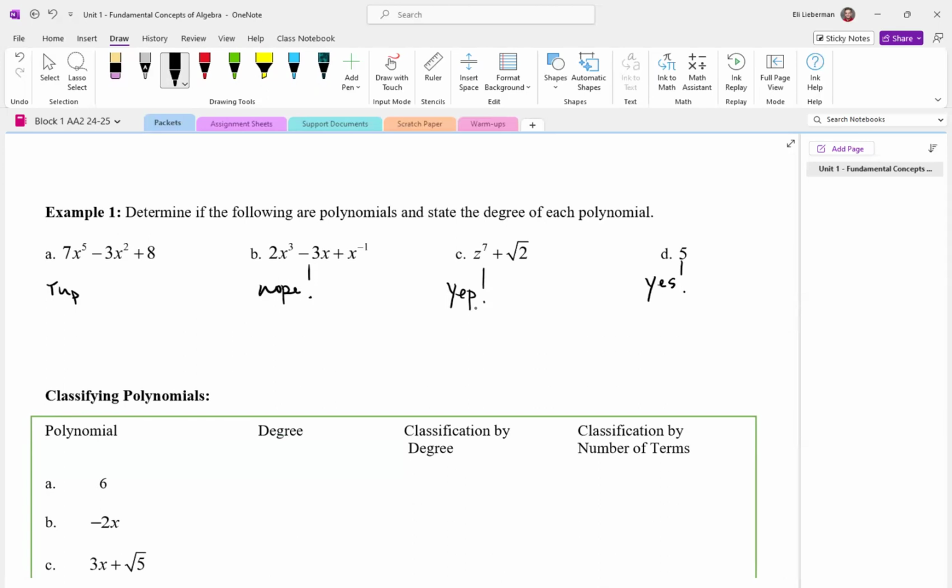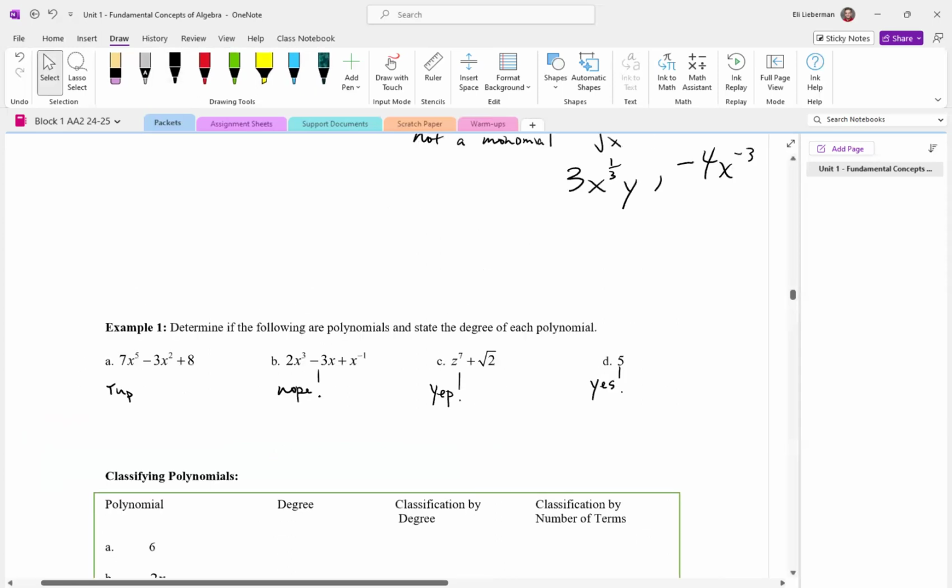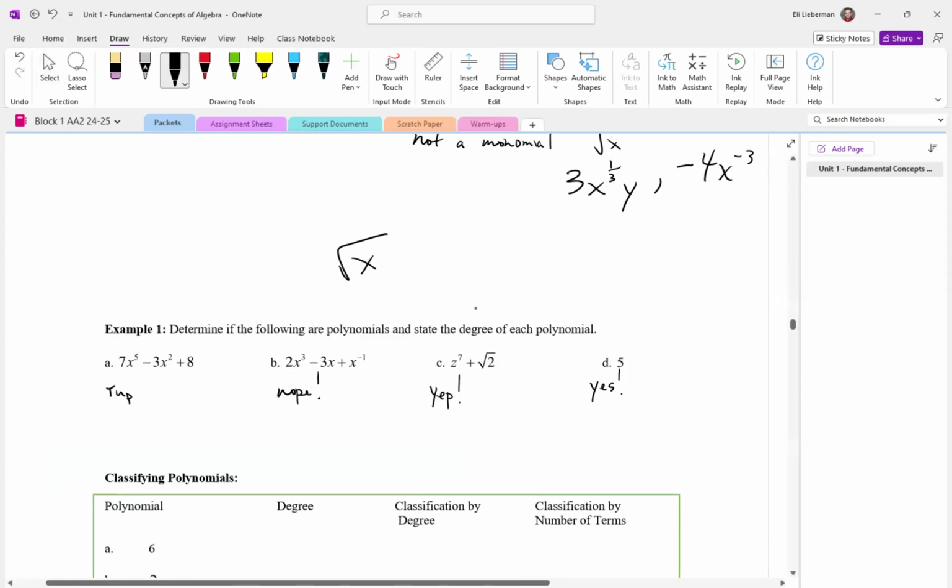Yes, Elise. Why is it the square root of x on that number, but the square root of 2? Because by definition, we're talking about monomials, so it's got to be a number or a variable. Square root of x is a variable, but what's happening to the variable? We're taking the square root of it. We're looking for very simply x, y, z, or any letter multiplied by the ones.